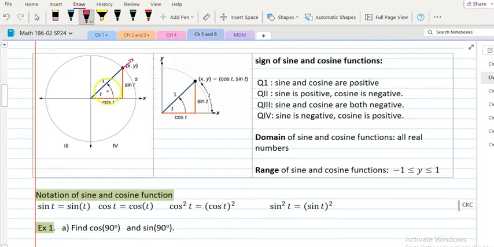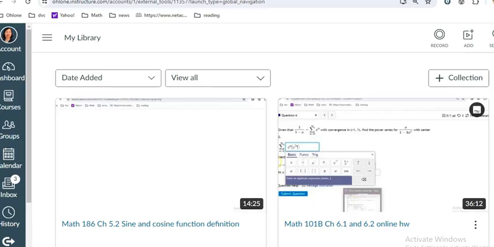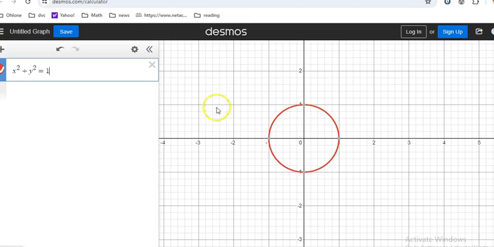Now, for all the other angles, I really don't know what point it cuts, right? For example, what we did last time on the unit circle, I'll draw an x, y here. Say I want sine 10 degrees. So I'll draw 10 degrees.